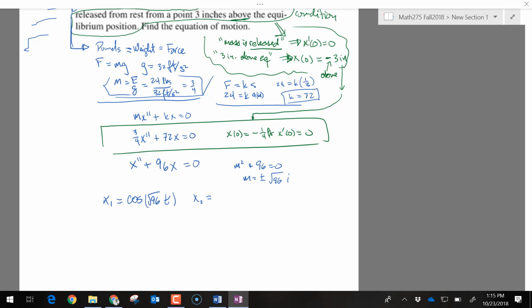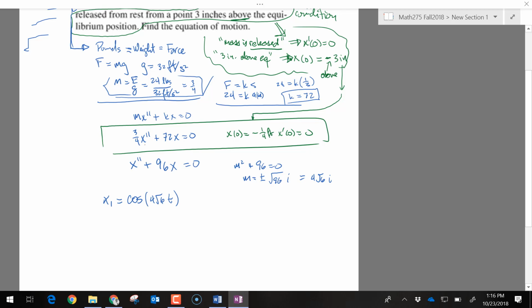We can pull out a 4, so 4 root 6, and then your independent variable is t.